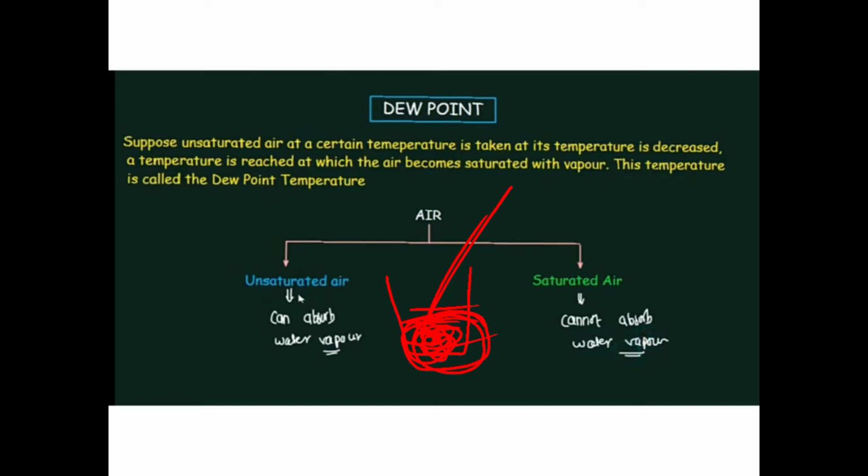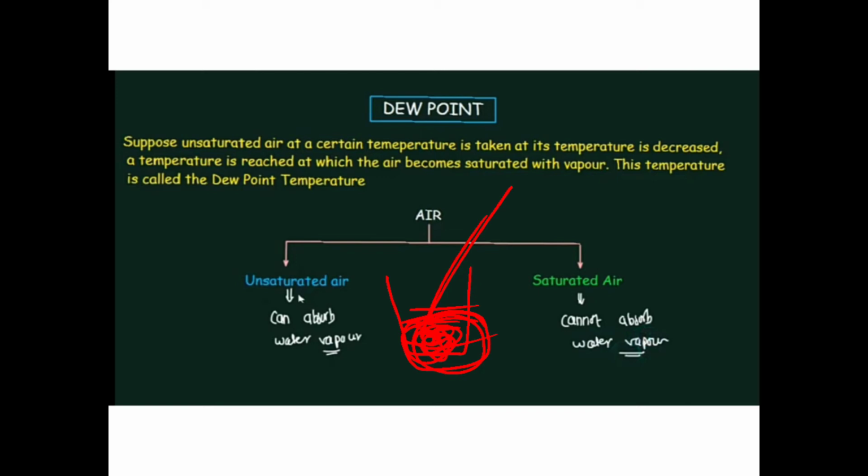You must have seen the dew drops during the winter season, in the winter nights, right? Day temperature is more, so the water holding capacity of air was more, so the water was evaporated. But what happened in the night? There is a fall in the temperature, and hence the water holding capacity of air decreases.